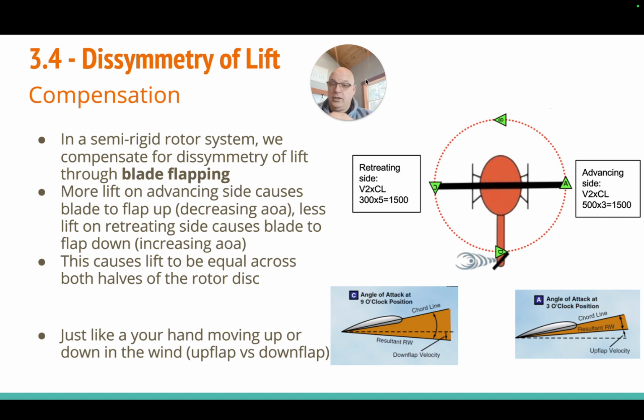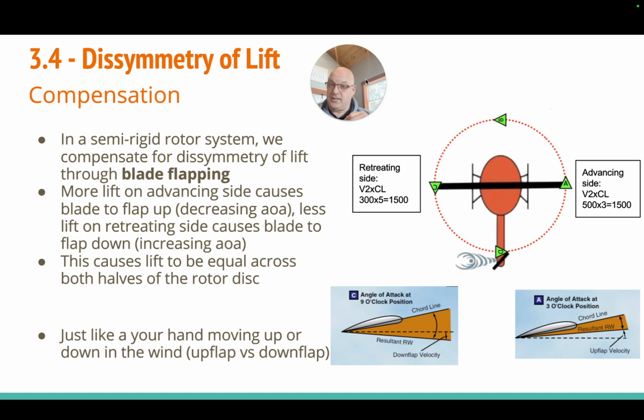Now, mind you, the main rotor is spinning 500-600 times per minute, right? With the naked eye, it's impossible to see. But that mechanism works perfectly up to a certain point. If we increase the angle of attack to excess of the critical angle of attack, remember on the advancing side we are flapping up and decreasing the angle of attack, which is fine.